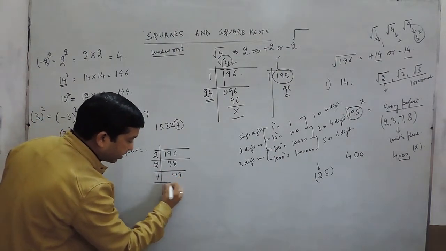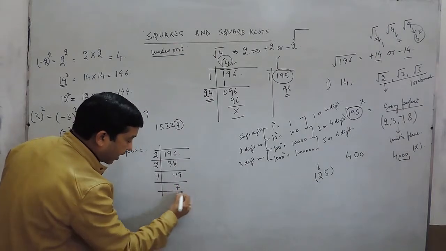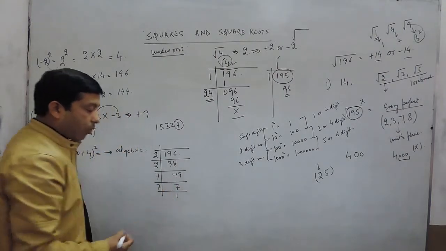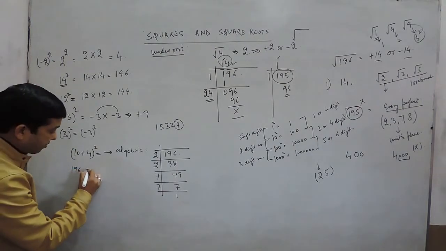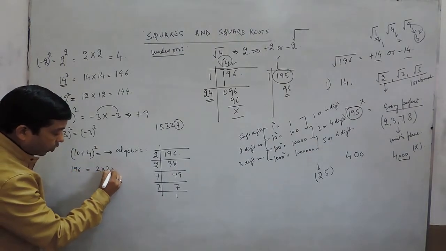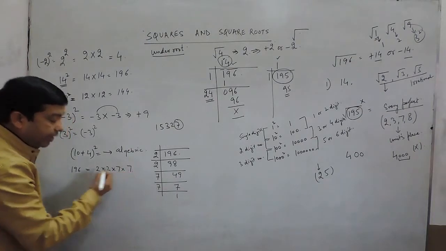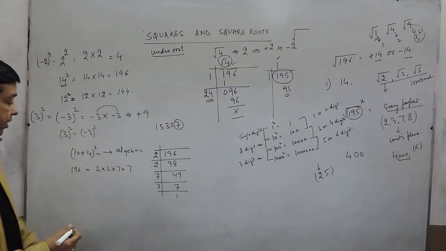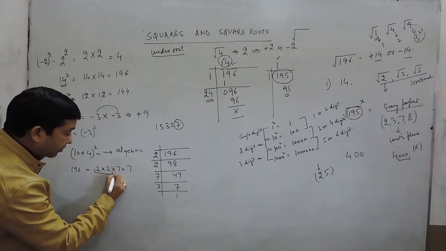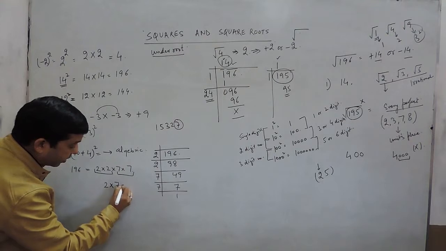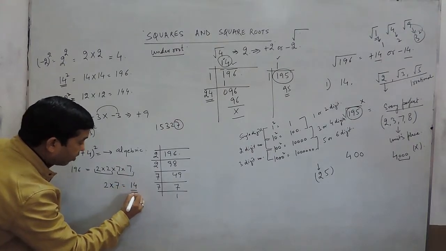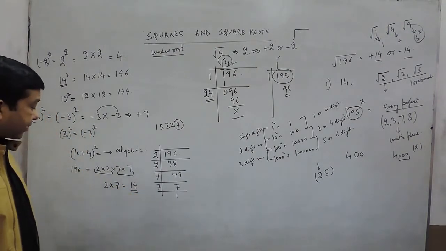When we divide it by 7, it comes out to be 7. Again divided by 7, it comes out to be 1. So we can say the number 196 has the factors 2, 2, 7 and 7. These are the prime numbers which are the factors of this. We take them in pairs. So 2 multiplied by 7 is basically the square root of a number like 196.